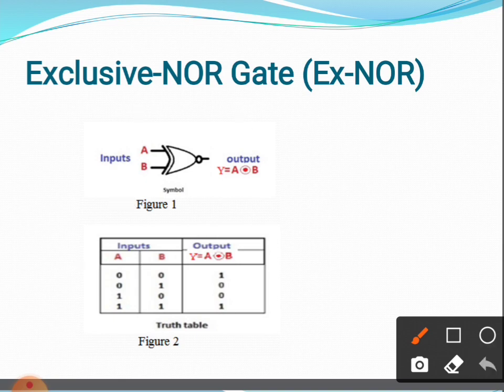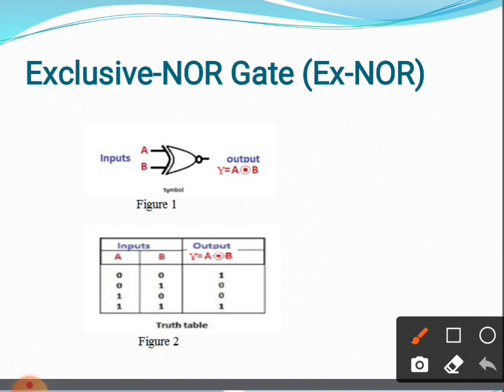Now the second condition, when a is equal to 0 and b is equal to 1, then the output will be 0. When a is equal to 1 and b is equal to 0, then the output will be 0. And when a is equal to 1 and b is equal to 1, then the output will be 1. That is your truth table.